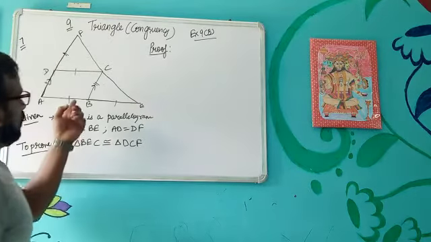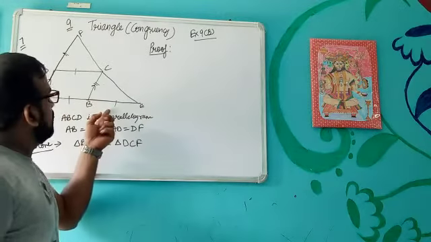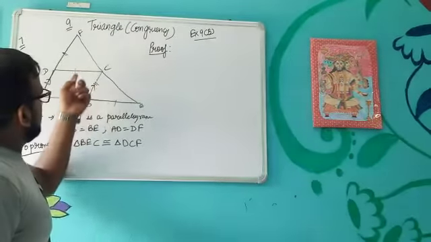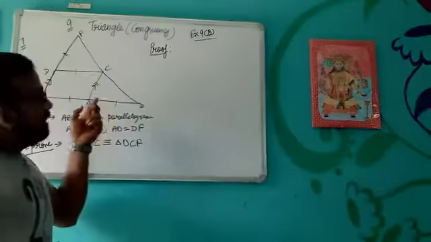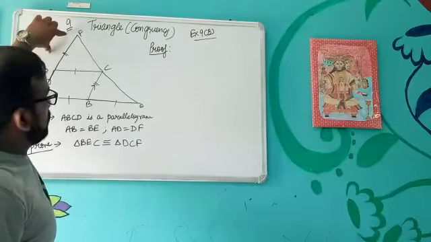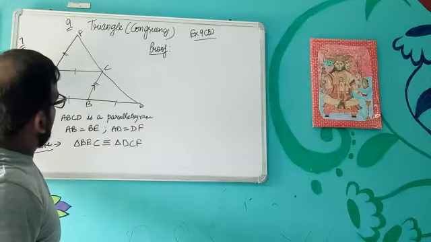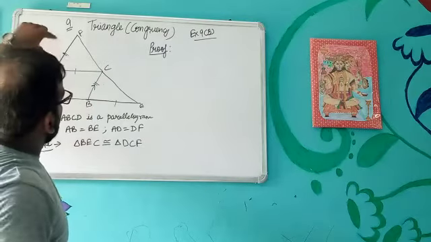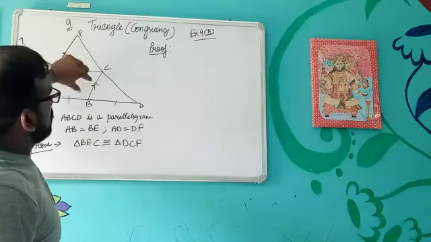So what we know, AB is equal to BE and AB is equal to DC. So we can say that DC is equal to BE. Similarly, AD was equal to DF. It is given, but AD was equal to BC also because they are the opposite sides of a parallelogram. That means DF is equal to BC.